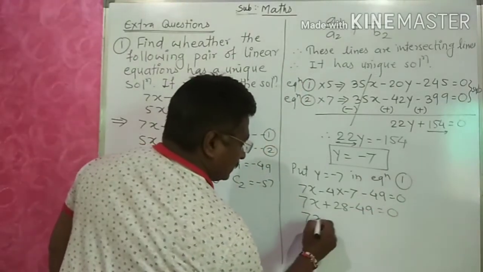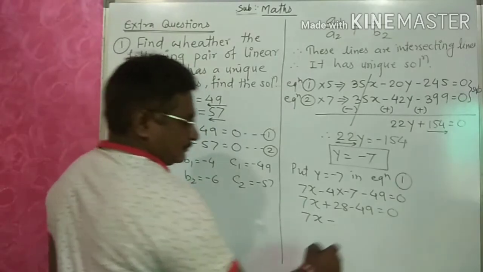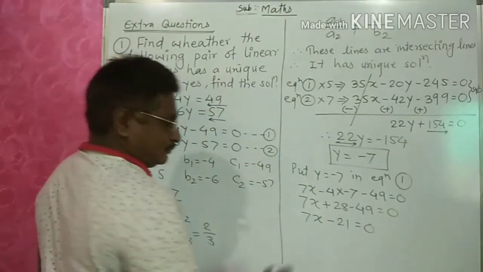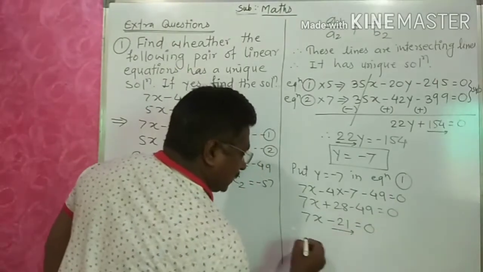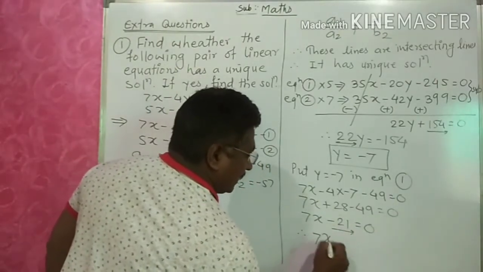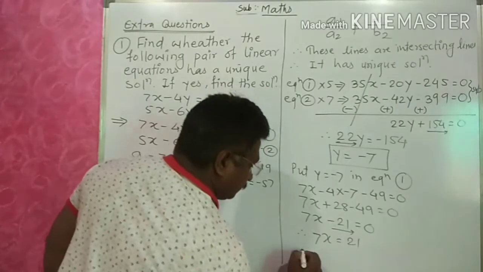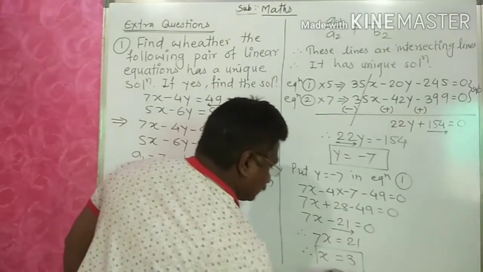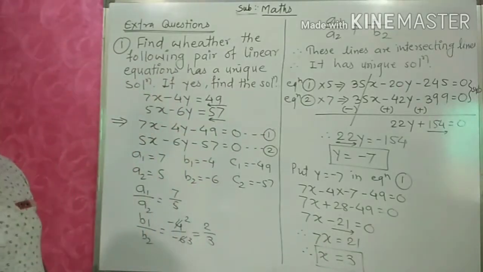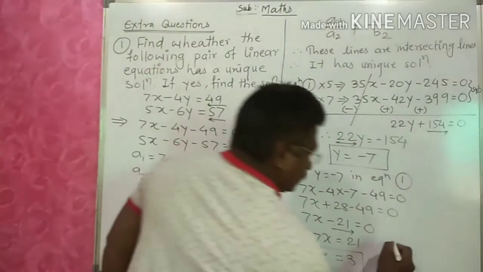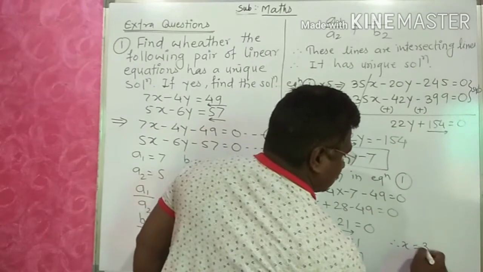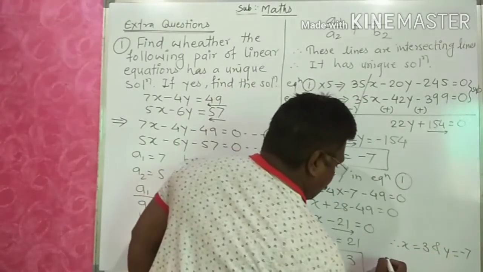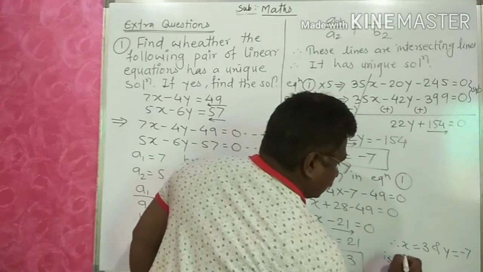So 7x minus 21 equals 0. Now transfer 21 to that side. So therefore 7x equals to 21. So x equals to 3. So we got the values of x and y. Therefore x equals to 3 and y equals to minus 7 is the solution.